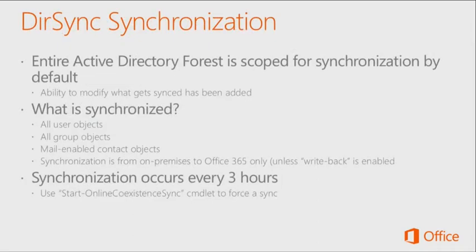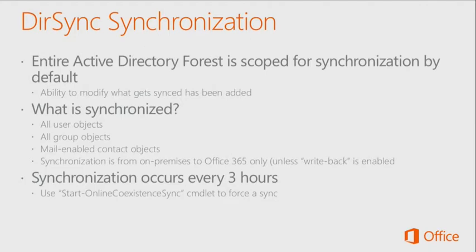By default, the entire Active Directory forest is scoped. So if you don't go in and make those changes, it's going to automatically import everything in your Active Directory to Office 365. All user objects, all group objects, all mail-enabled contact objects, and synchronization is one way. You can enable a write back, but there's not a lot of information that can be copied back.